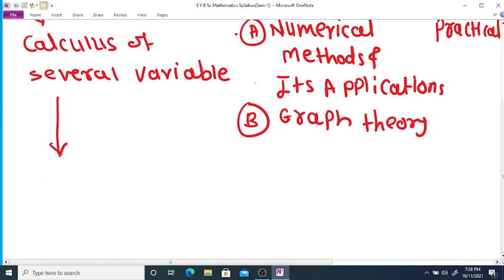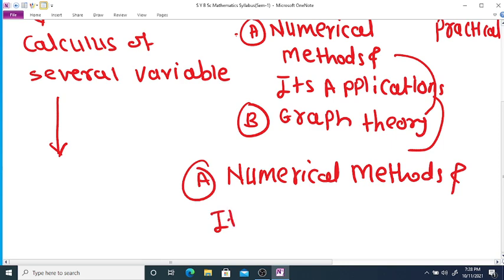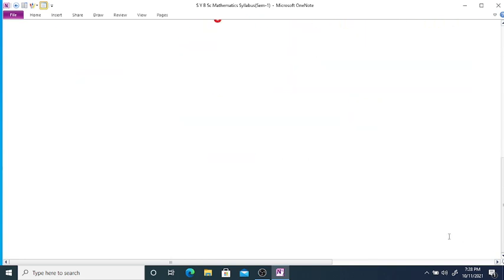So from these 2 courses we are going to select numerical methods and its application, that is A. So therefore in Semester first there are total 3 courses.